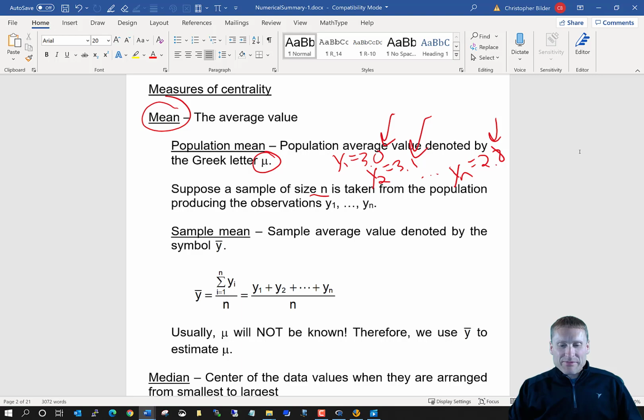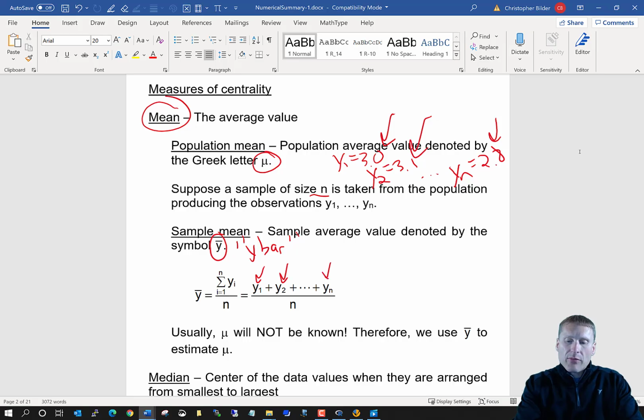So using these y's, we can come up with the sample mean, or the average of all these sample values. We denote this average by y bar, and we pronounce it as y bar. All that y bar is, is the first sample value plus the second sample value down to the nth sample value, divided by the total number of sample values so that we get an average.